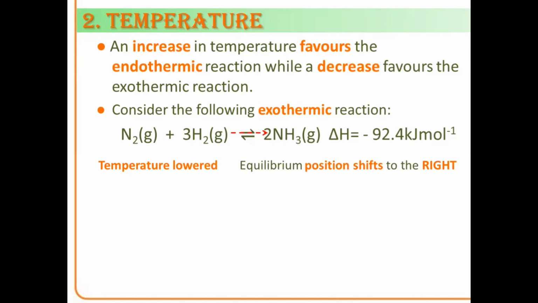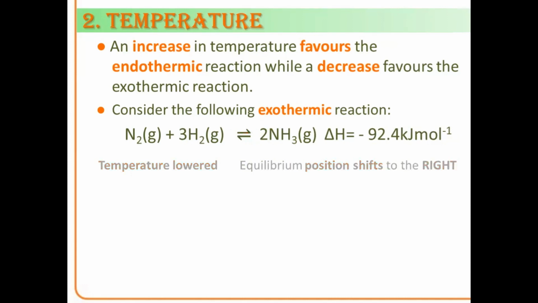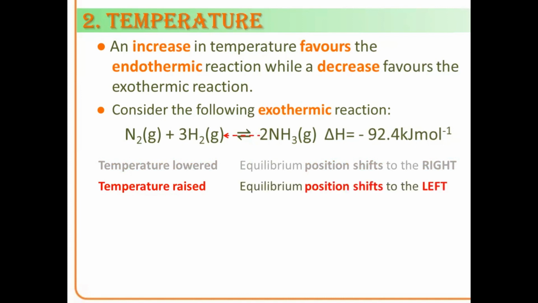Now, a point that I'll say now is that if the forward reaction is exothermic, it means that the reverse reaction is endothermic. So when the temperature is raised, the endothermic reaction, which in this case is the reverse reaction, is going to be favored, and the equilibrium position will shift to the left.